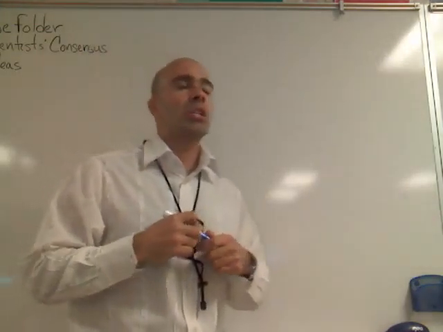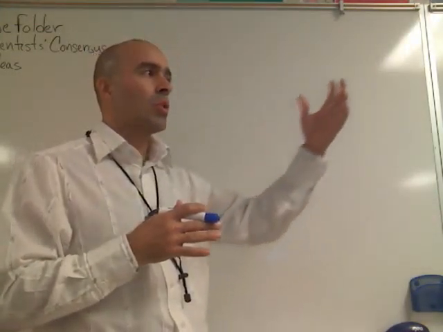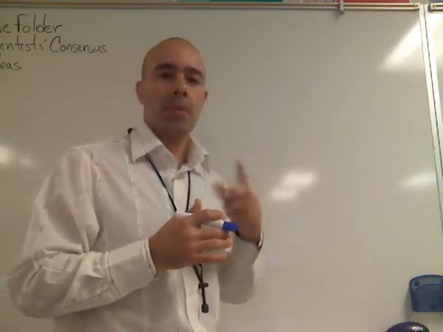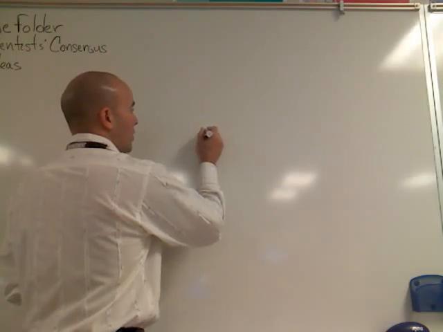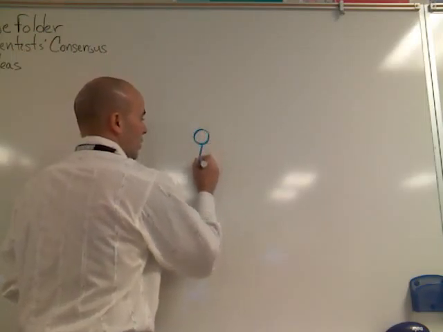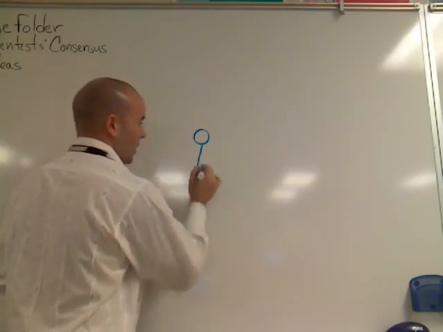Let's say that a student is running. A student is running and there's a wind blowing against him. So I'm going to draw the force diagram. First of all, I'm going to draw the student running.